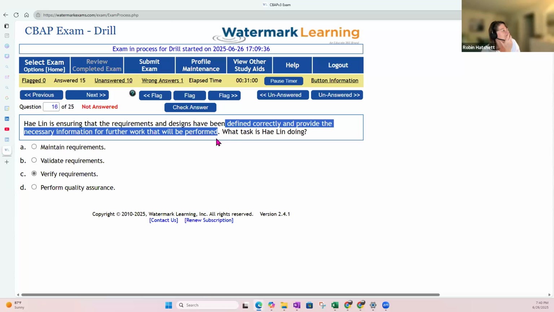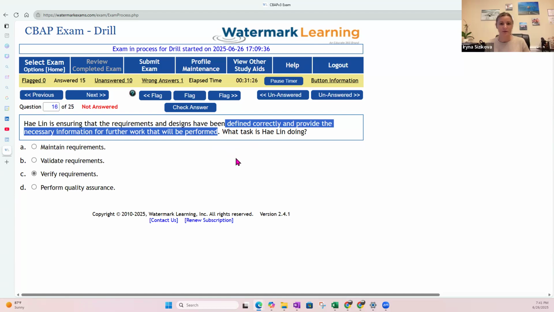Verify is, did you write the requirement correctly? Validate is, is it the correct requirement? So is the requirement created correctly, or were the correct requirements created?